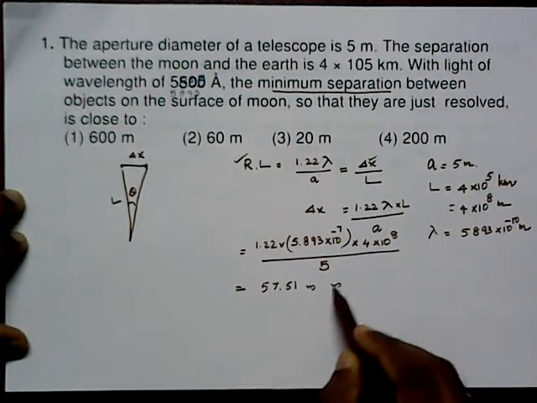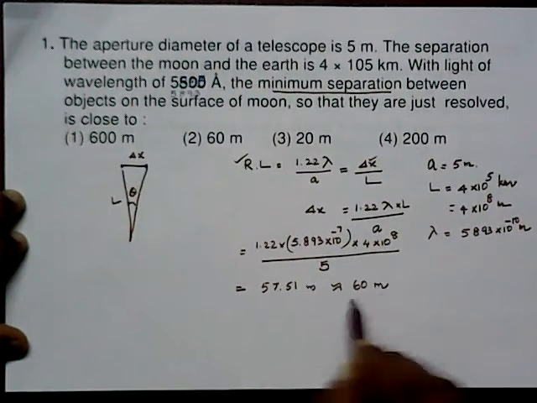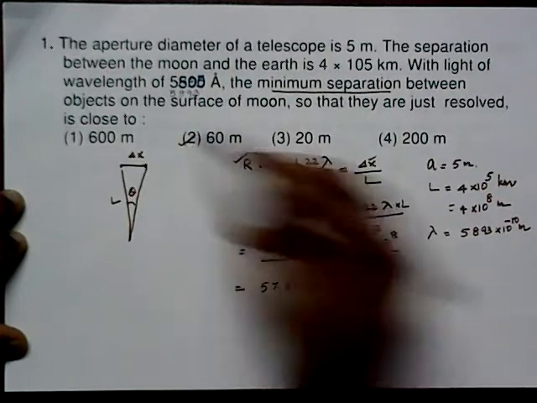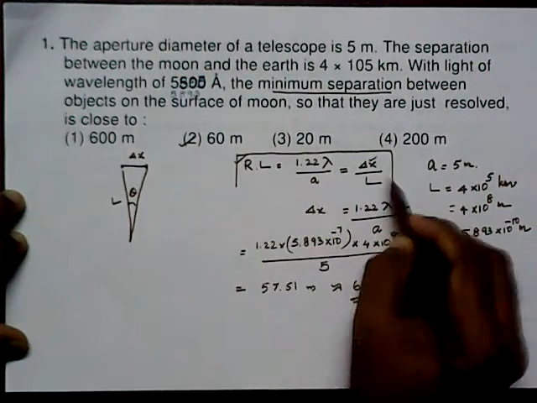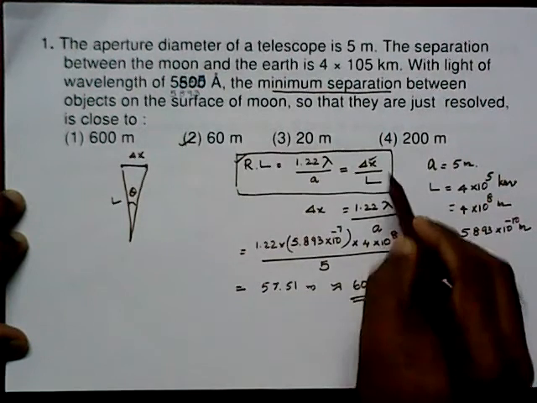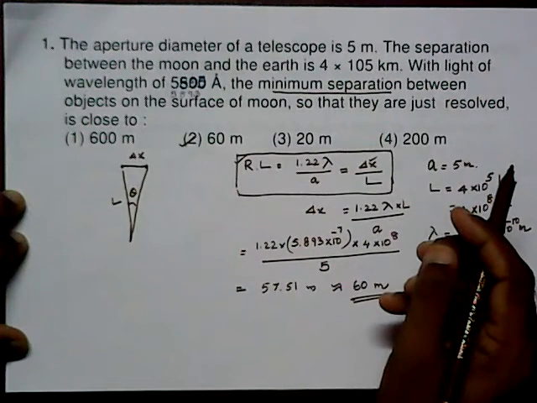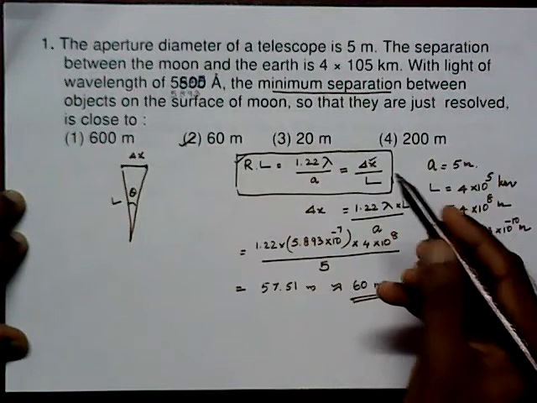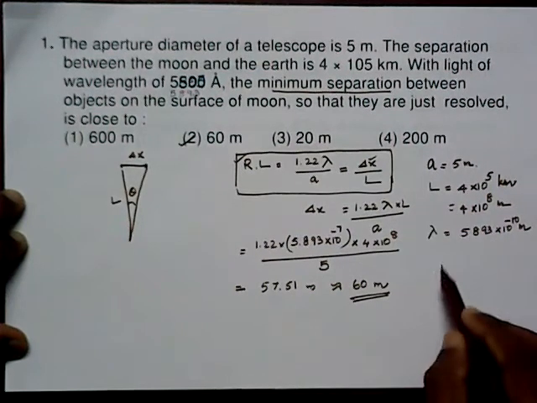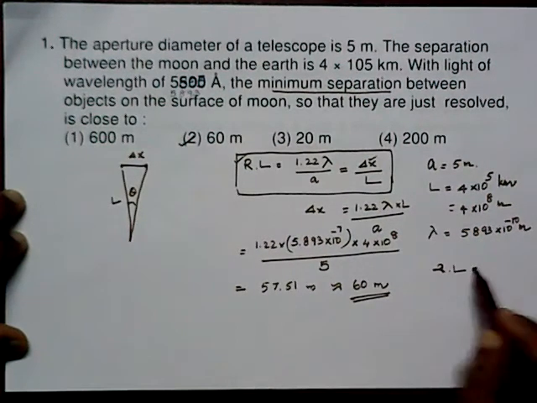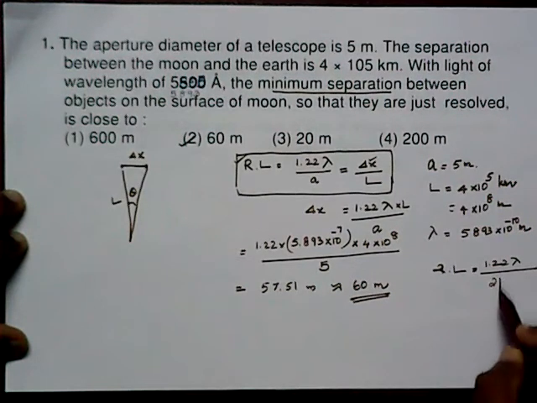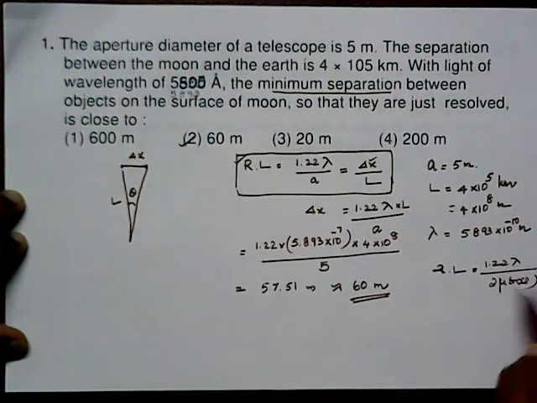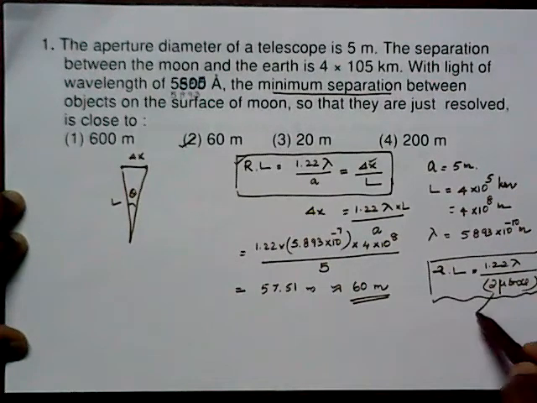That is approximately 60 meter, and you get the answer as option 2. So this is a very important concept, and here the resolving limit is expressed in terms of angle. But for a compound microscope, keep in mind, the resolving limit is expressed as a distance, and is given as 1.22 lambda divided by 2 mu sine theta. Keep in mind, there also 2 mu sine theta is the aperture of the objective of the lens.